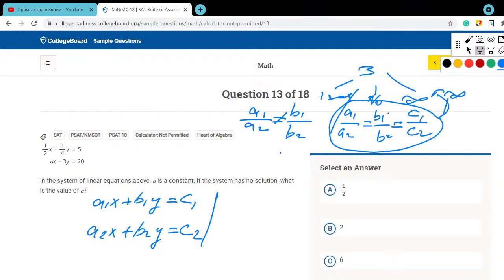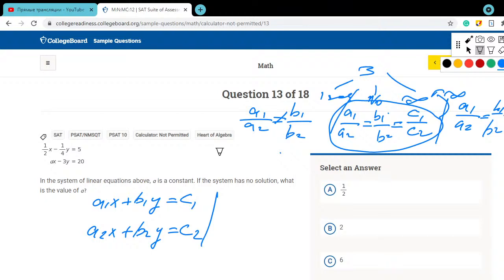And if we want to have no solution, a1 divided by a2 should be b1 divided by b2, but it should not be equal to c1 divided by c2.